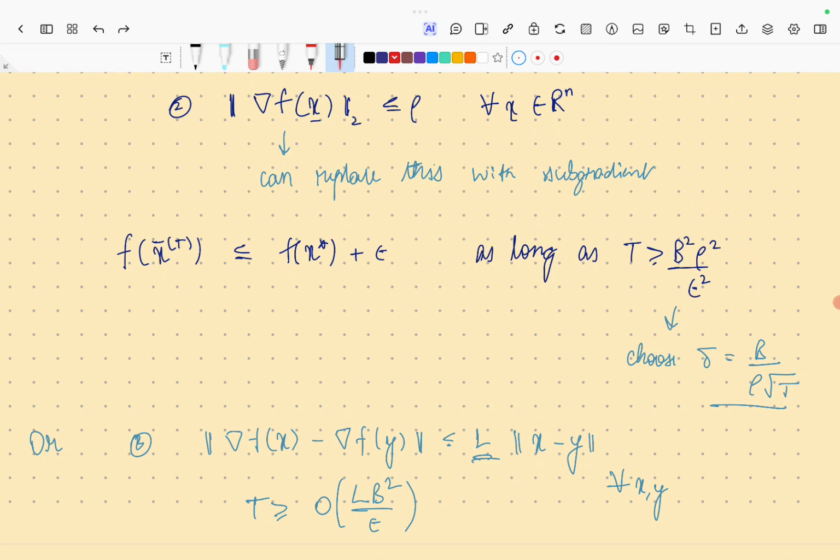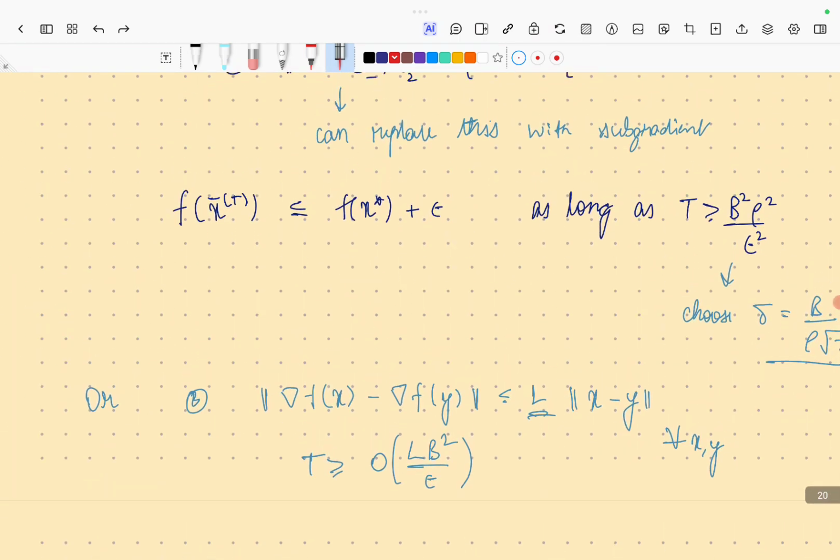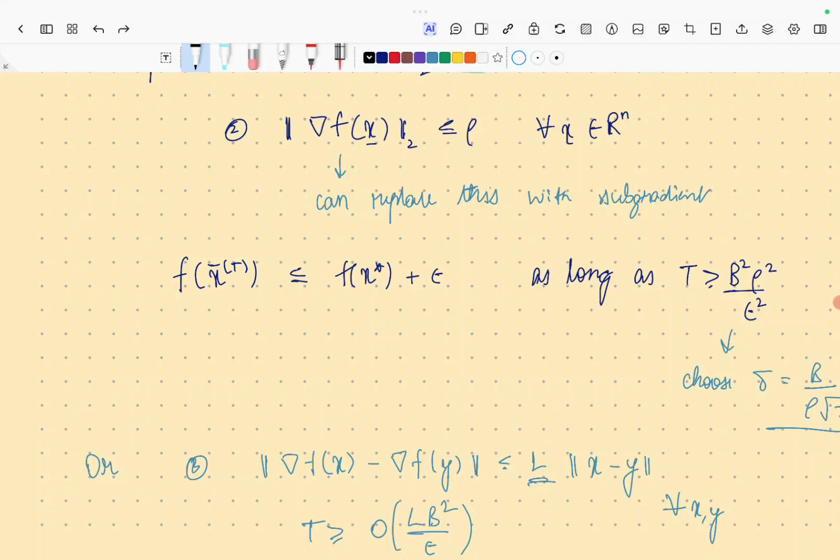Except that there's a little difference in the algorithm itself. Note that the quantity over here is not xt, it is some x bar t. So I'll modify gradient descent in a little way, which is I run gradient descent for t steps.